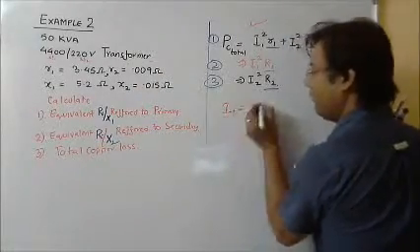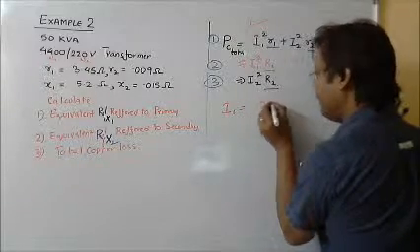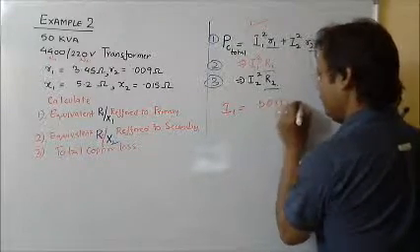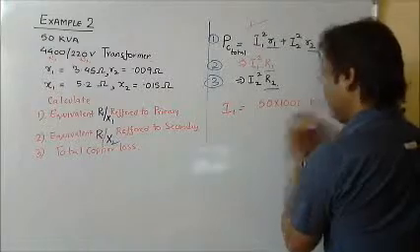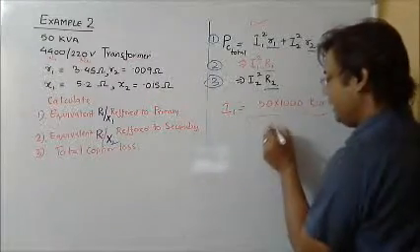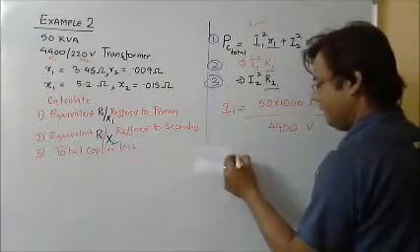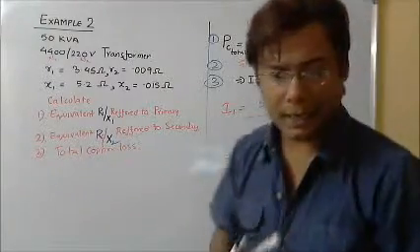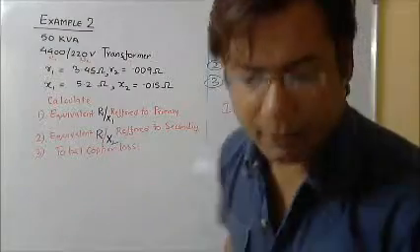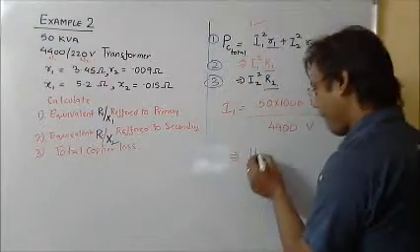I1 would be equal to, since it is 50 kVA, 50 into 1000 VA divided by N1, that is 4400 volts. I will get this as 11.36 amperes.